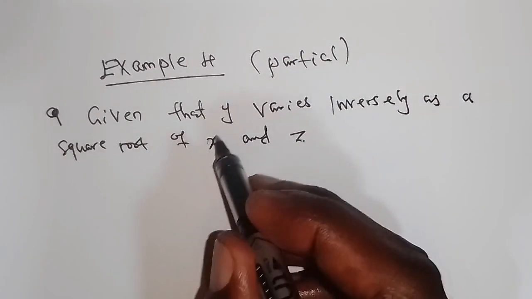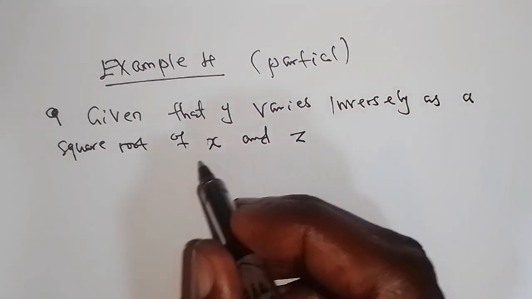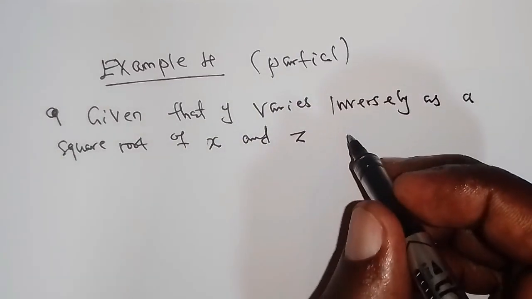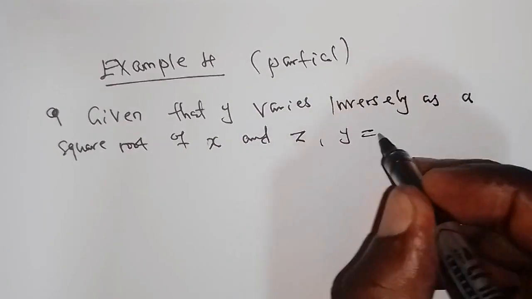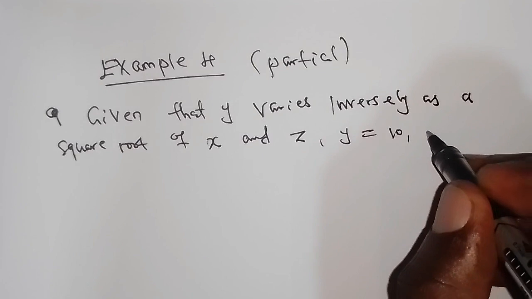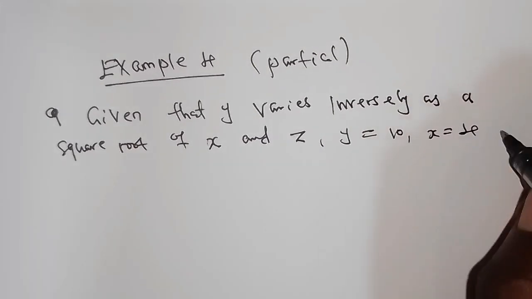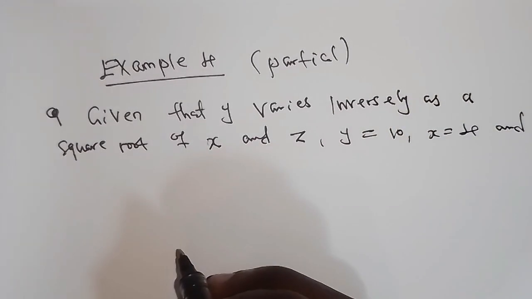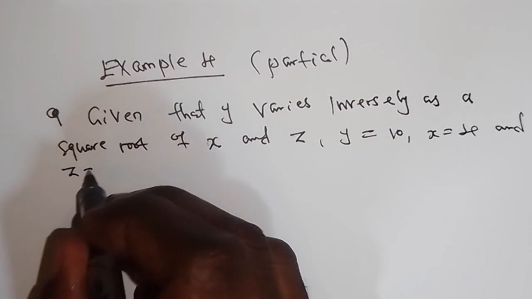So this is inversely as the square root of x and z. Where y is equal to 10 and x equals 4, and finally z equals 1.